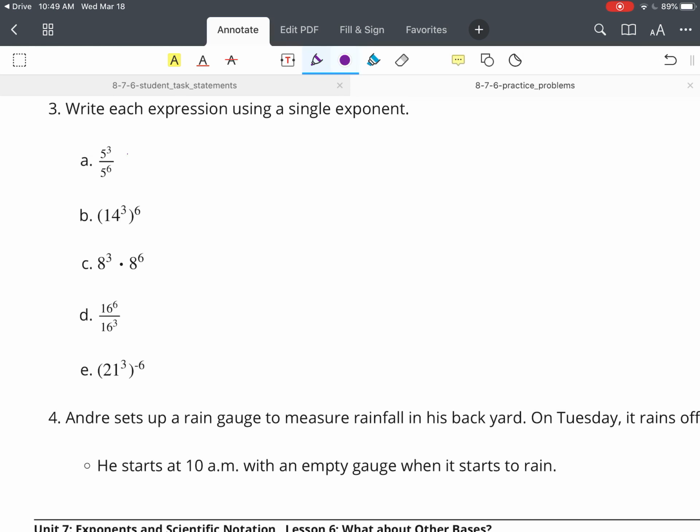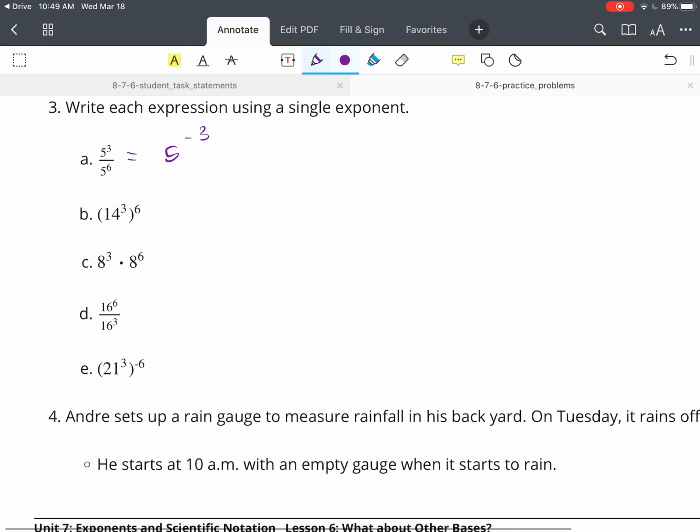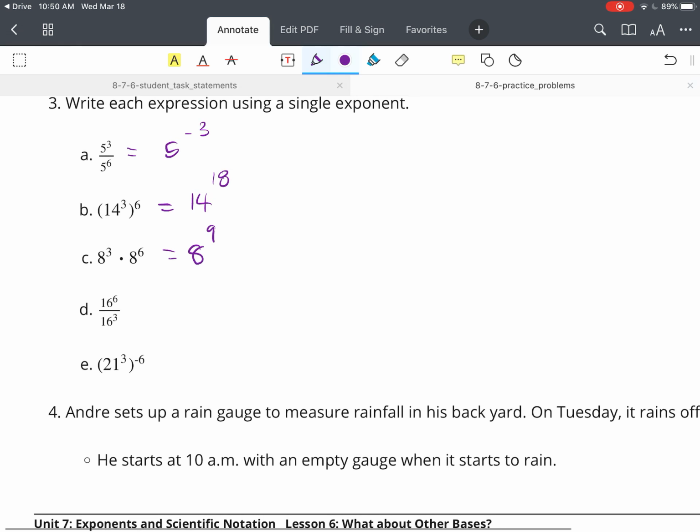Write each expression using a single exponent. 3 minus 6 is negative 3, so that's going to be 5 to the negative 3 power. We're taking an exponent to an exponent, so we're going to multiply. 3 times 6 is 18. We're multiplying the exponents here, so we're going to add them. 3 plus 6 is 9.